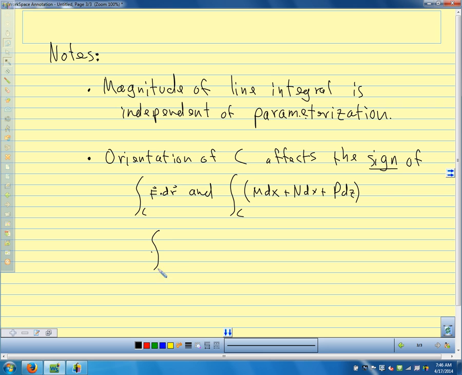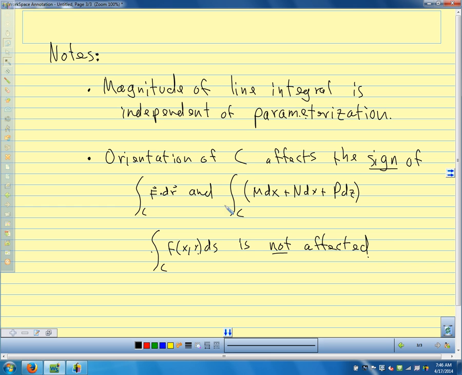So the integral over C of f of x, y ds is not affected. That area doesn't change, that mass doesn't change if we go two different directions. So the different orientation changes the sign of our vector line integral.